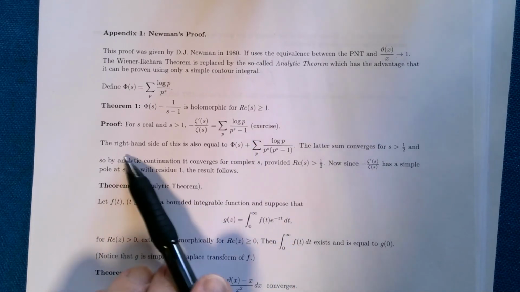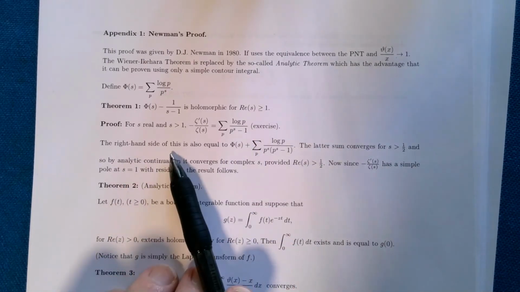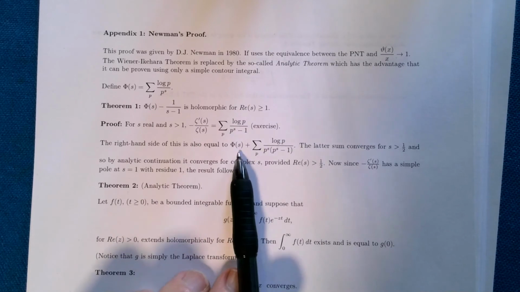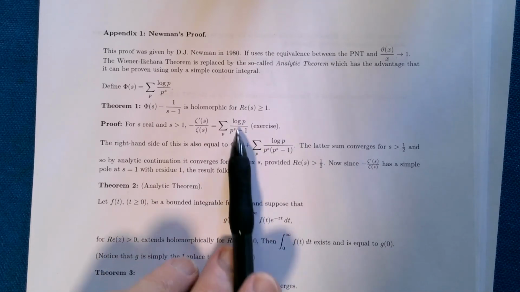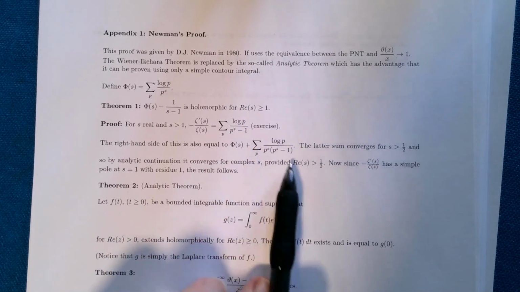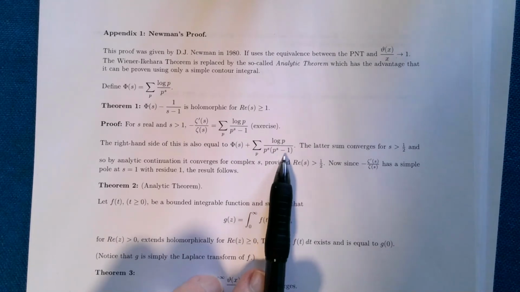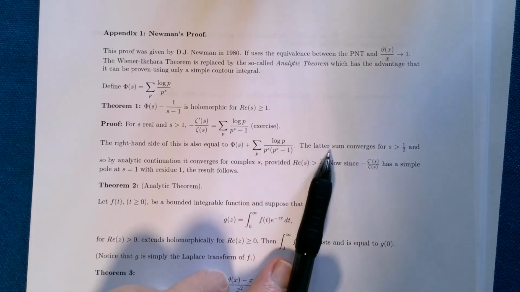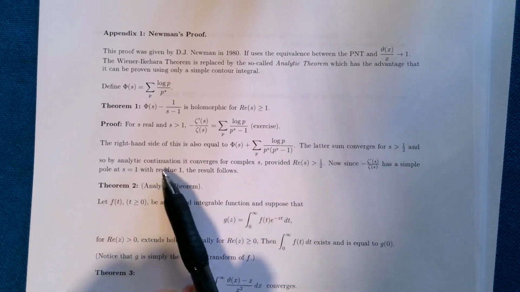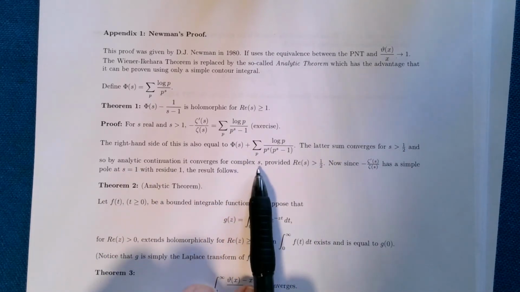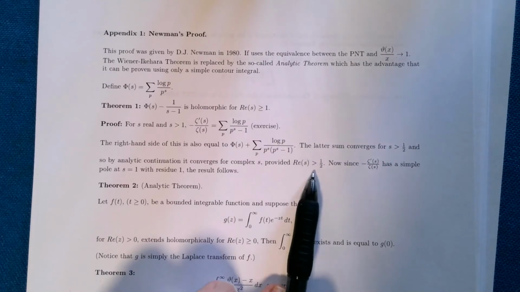The right hand side of this is also equal to, just rearranging, Phi of s plus this sum. This latter sum converges for s bigger than 1, which is easy to show, and so by analytic continuation it converges for complex s provided the real part is bigger than a half.